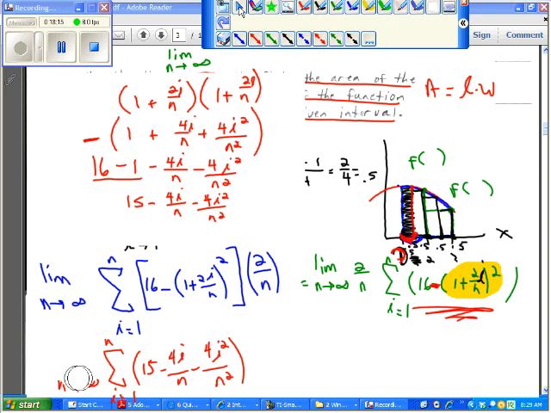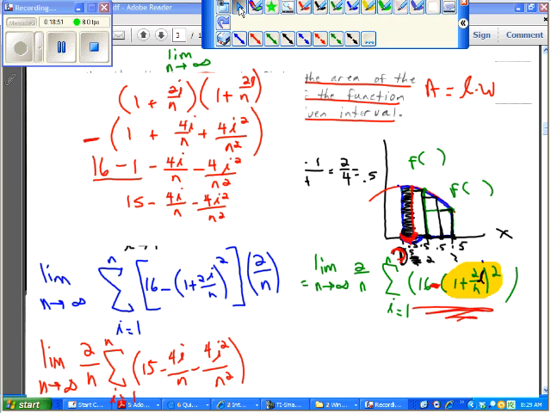Yeah, I meant to put that in there. Thank you. The limit as n approaches infinity, we had factored out that width of 2 over n times, and then that summation turned into 15 minus 4i over n minus 4i squared over n squared. It's getting a little nicer because it appears now that what we have is something in terms of i and i squared. So we're getting closer to a format that we understand.